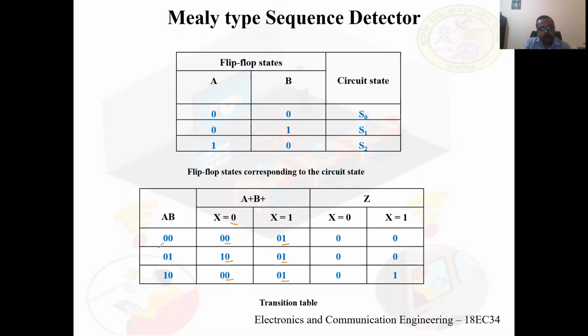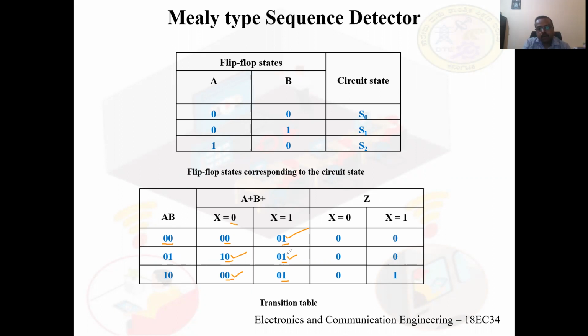So how do you write this one? When x is 0, both are 0, 0, it is 0. And when x is 1 and AB are 0, 0, this is equal to 1. Similarly, when x is 0, AB is 0, 1, it is 0. And when x is 1, AB is 0, 1, it is 1. Similarly, for AB equal to 1, 0 and x equal to 0, it is 0.